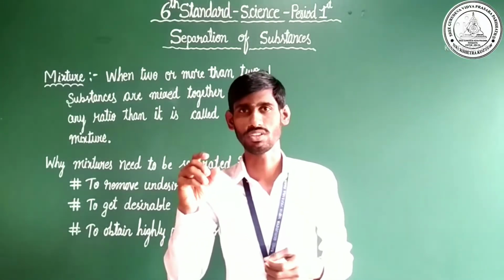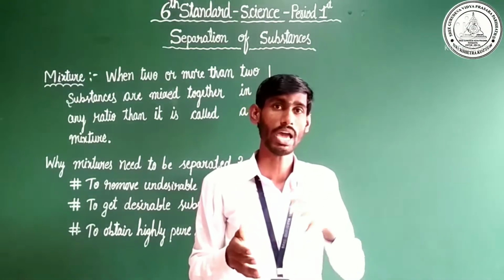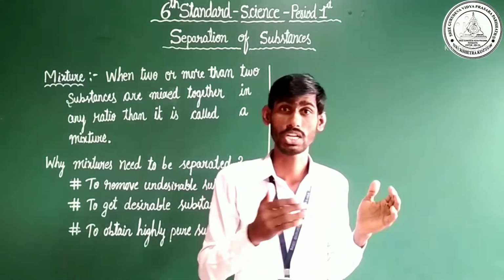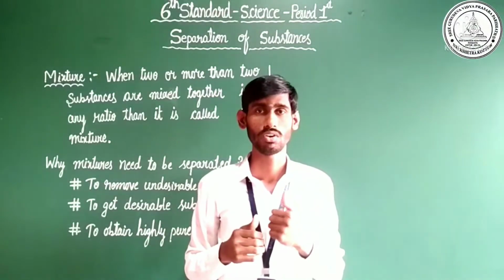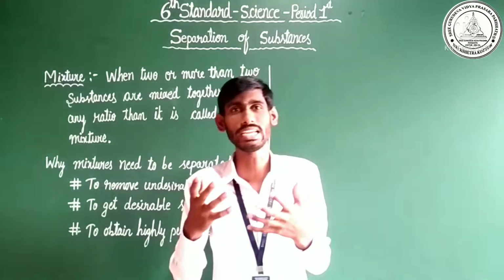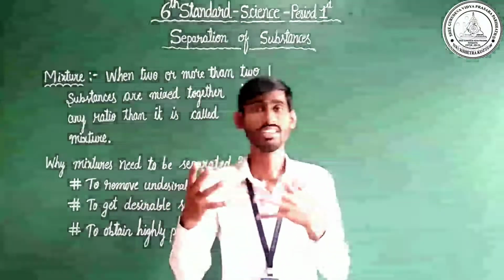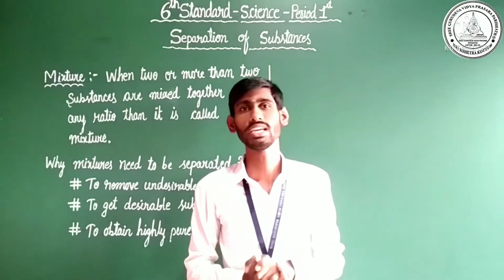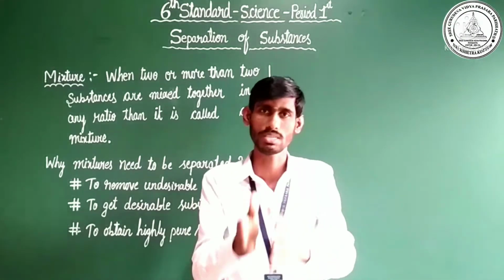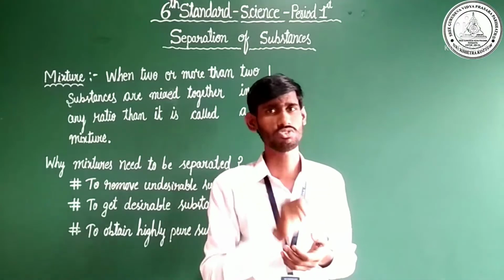That is separation. When a mother or father purchases items in a grocery shop, soap and other ingredients necessary to prepare tiffin or dinner, after purchasing we separate them. That is separation. It is a process.